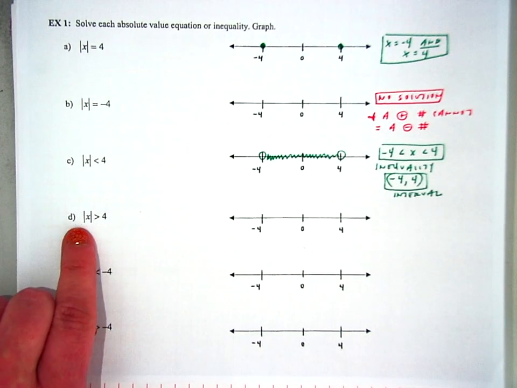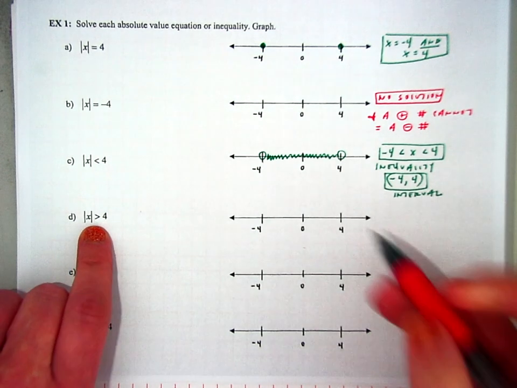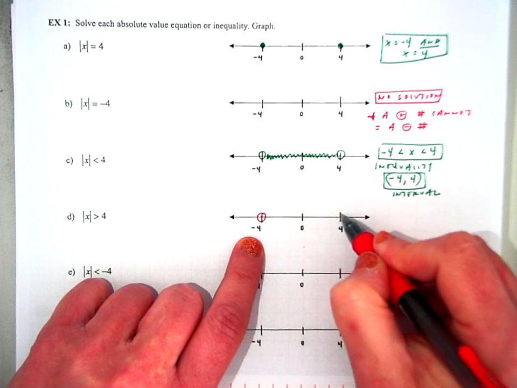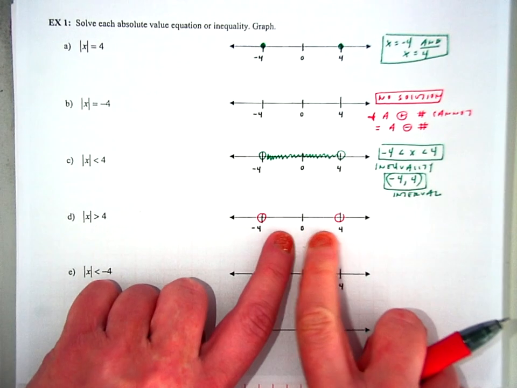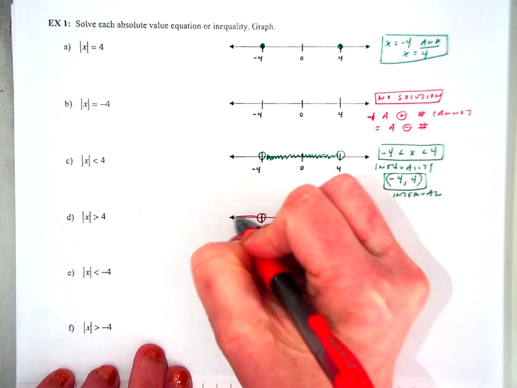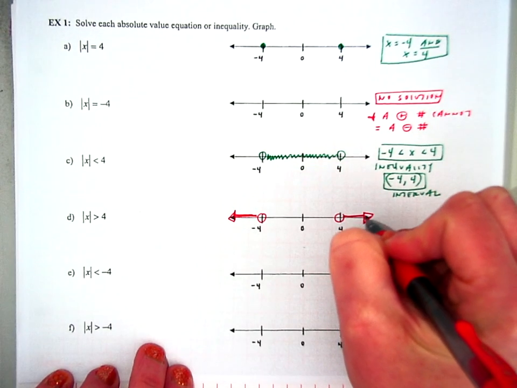Okay, next up, absolute value of x is greater than 4. So here, again, I'm at 0. I can move 4 units away here to here. And I'm saying that the distance from 0 is more than 4 units away. So that's telling me that it's these outer portions out in here or out in here.